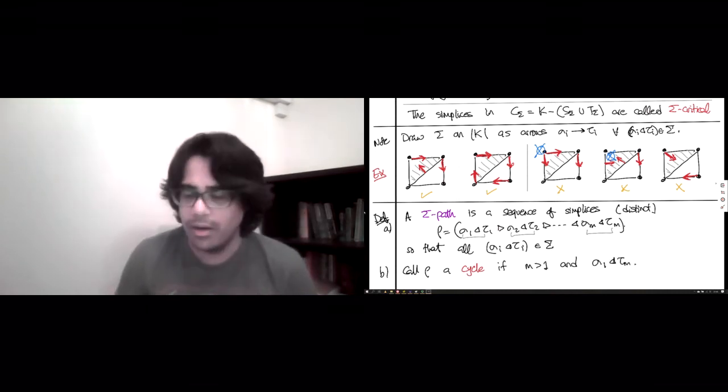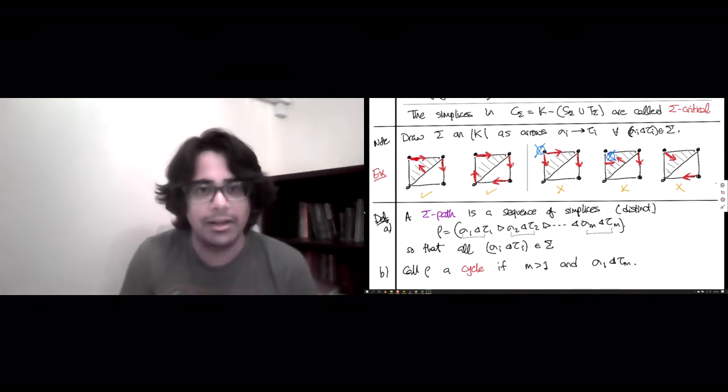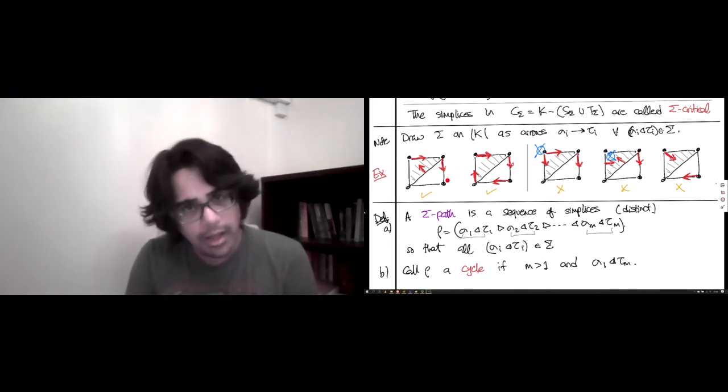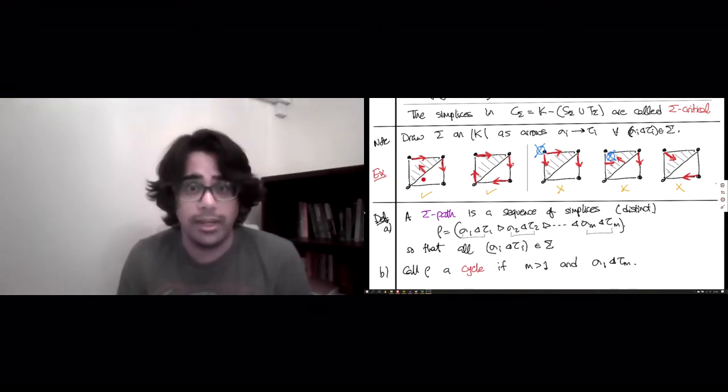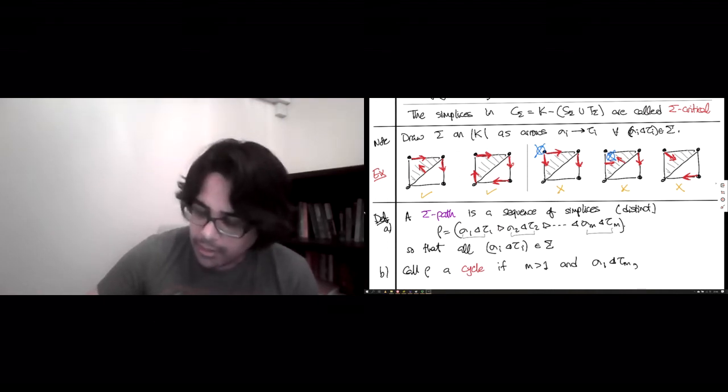If it has length 1, then it's not really a cycle, is it? Because it's just back and forth. But for higher length, you actually create a non-trivial cycle. And if it's not a cycle, that's the case we like, gradient otherwise.